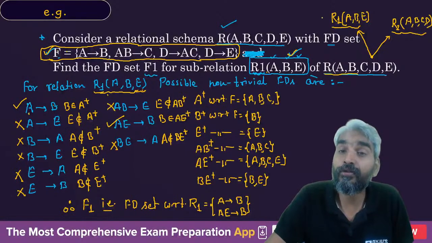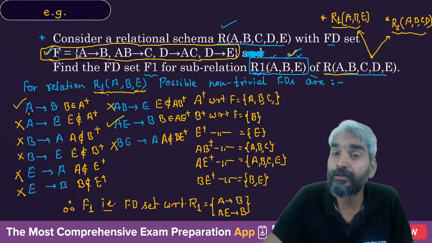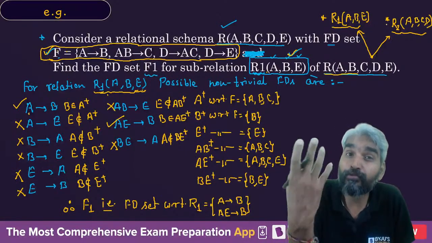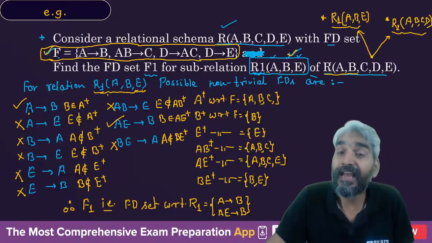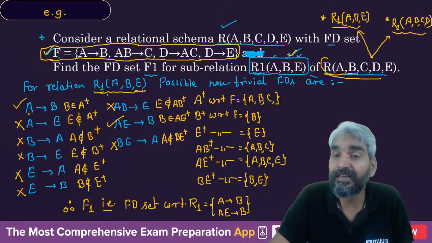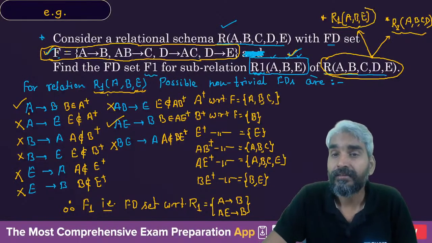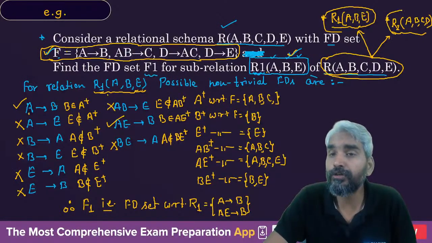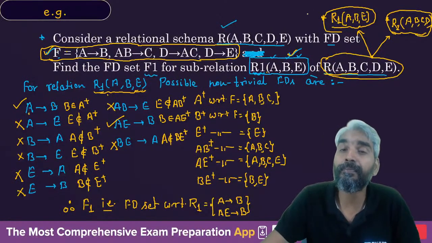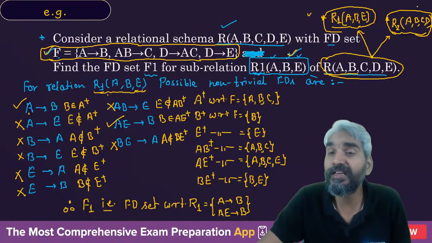Now, when you are decomposing the relation into sub-relations, you will have to check whether all the FDs of the original relation are preserved using this decomposition or not. You will have to check which FDs are present in R1 and which are present in R2.